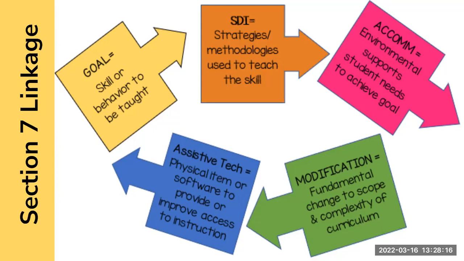Obviously, modification is where we make that fundamental change to the scope and complexity of the curriculum. So generally, modification is going to take the place of accommodation, but we're still looking for that same nice flow and linkage. And then that leads us to the assistive technology, which is that physical item or software that provides or improves the student's access to instruction, or provides instruction for the adults in order to use the assistive technology with the child.